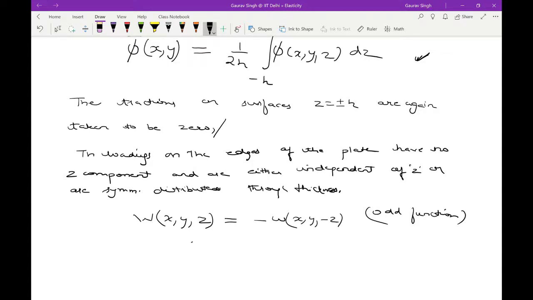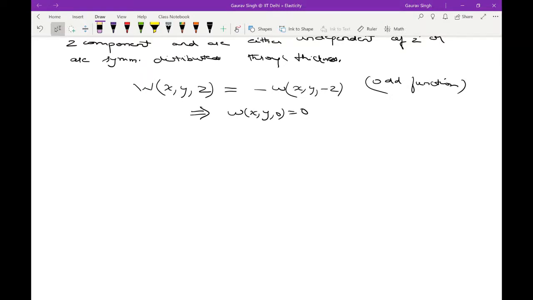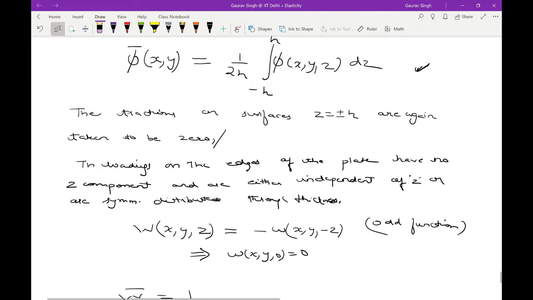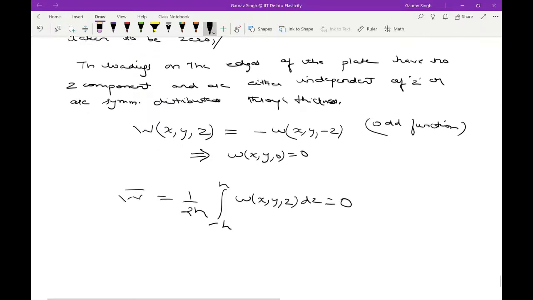This implies that w(x, y, 0) is equal to 0, and that would mean that if you do this averaging, which I had just mentioned over here, you will find the integral from minus h to h of w(x, y, z) dz is equal to 0.